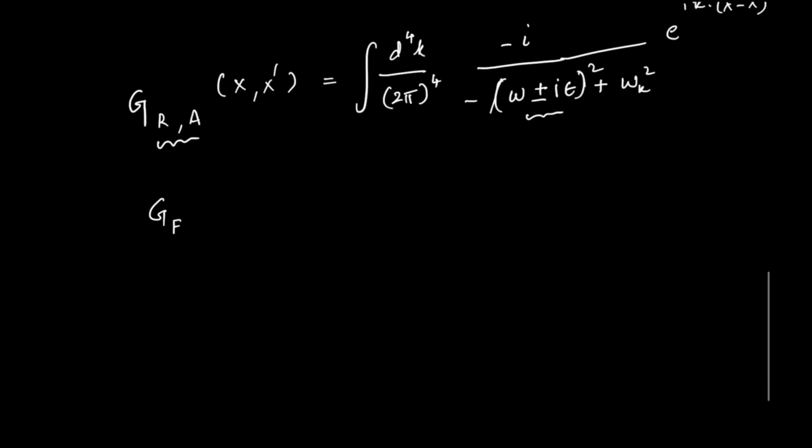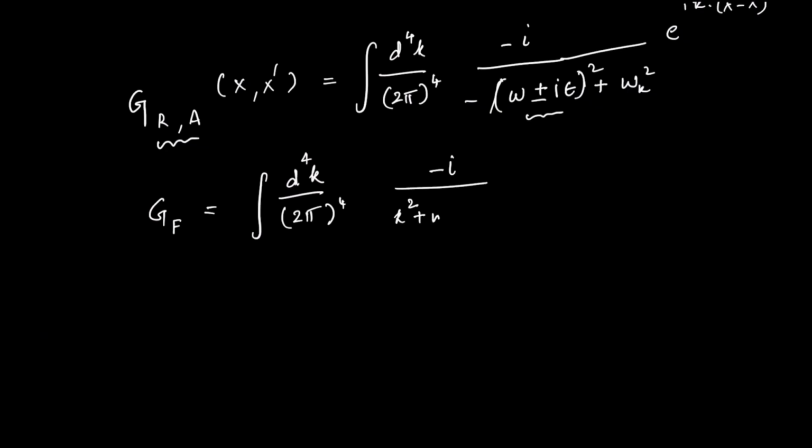But in the case of the Feynman function, I have to write d^4k by (2π)^4, minus i by k square plus m square minus iε. So in this case, it is outside the square, and you have e raised to i k (x minus x prime) as it is.